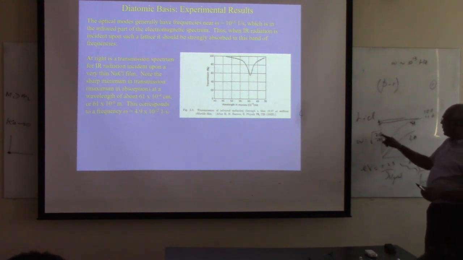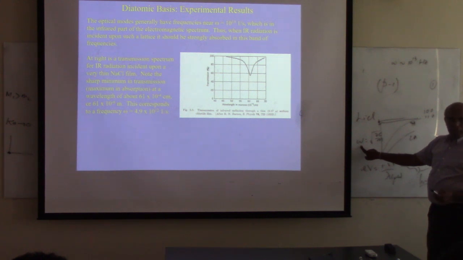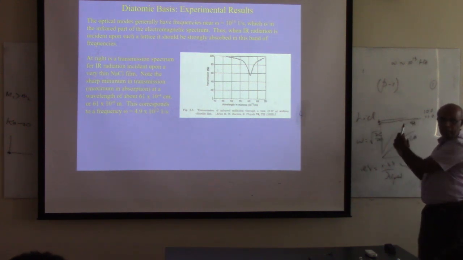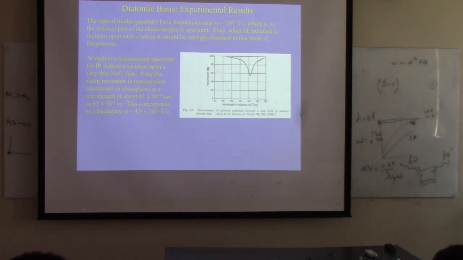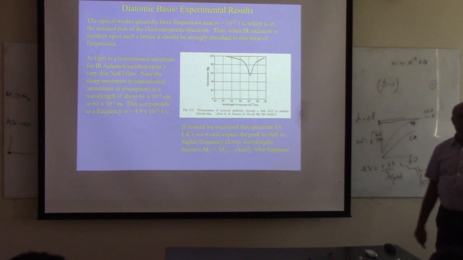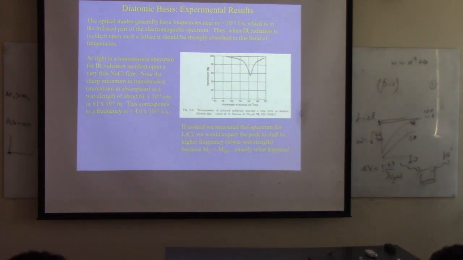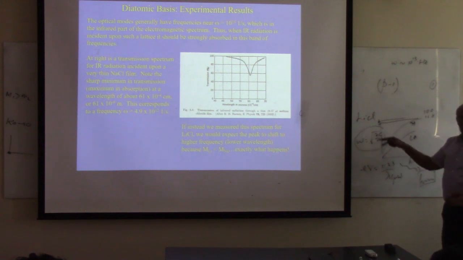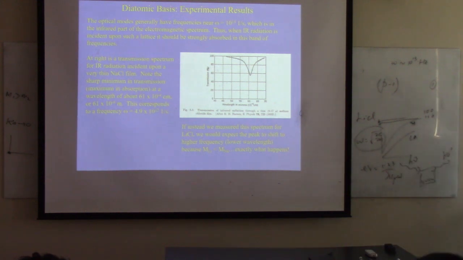So a smaller mass means higher frequency, that means a smaller wavelength. So actually if you do this for lithium chloride, you will see lower wavelength, that means higher frequencies. Exactly. Because frequency goes like the square root of 2C over m.